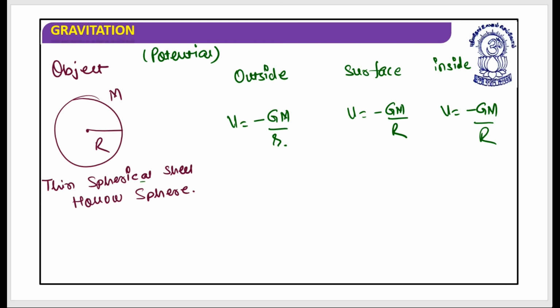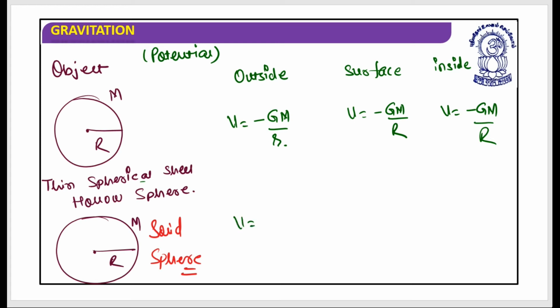Great. Now let's talk about another object. This is a solid sphere having mass m and radius r. When I say solid sphere, the mass has been filled in it. When I talk about the potential outside, this can be written as minus of GM by r.